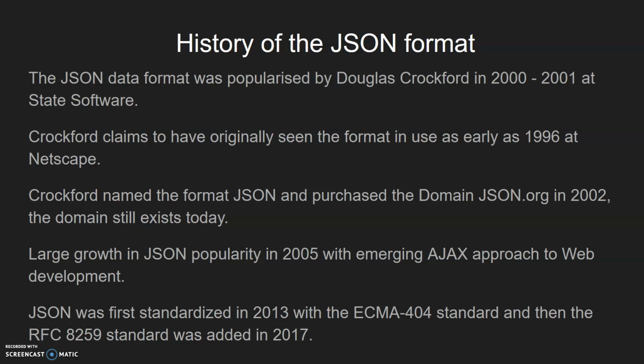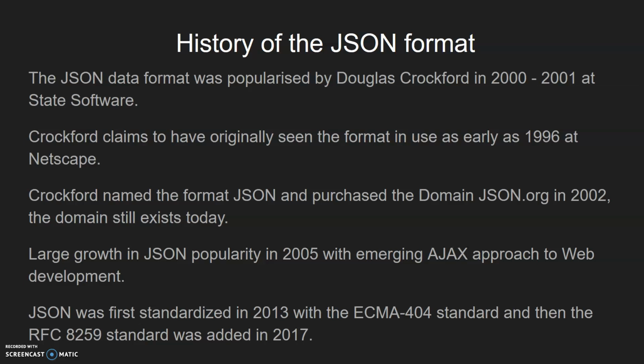He's said that he saw it as early as '96 being used by employees at Netscape when he worked there. But he really got on board with it, and he named it and branded it JSON, and he purchased the domain JSON.org, which is still there. It's got a really ugly color scheme, but it's really informative and kind of interesting.